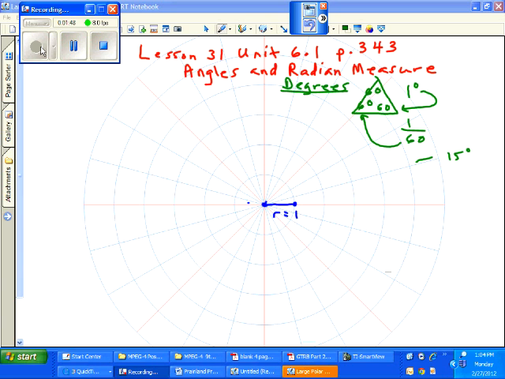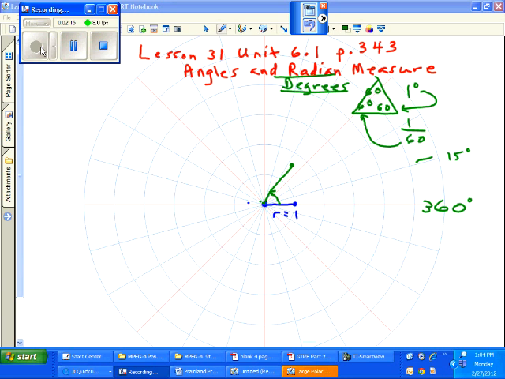Then what we want to start doing today is talking about radians. And so how do we define a radian? Well, the way we have defined degree is the amount of rotation between the initial side and the terminal side in degrees. And we said that a circle was 360 degrees.